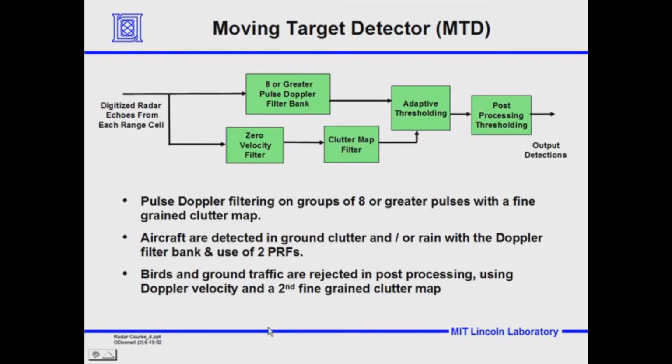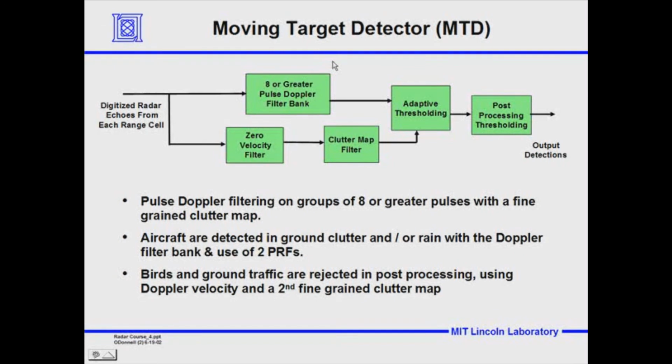Okay. Now, what I'm going to do is talk about an example called the Moving Target Detector, MTD. This is a nice example to choose because it is used as an example in just about every modern radar textbook of a good Doppler processing system. It's an unclassified radar.